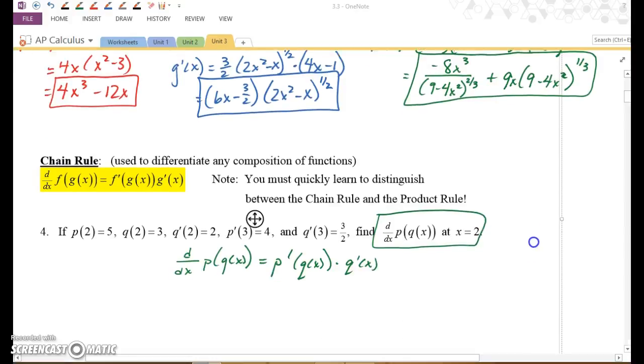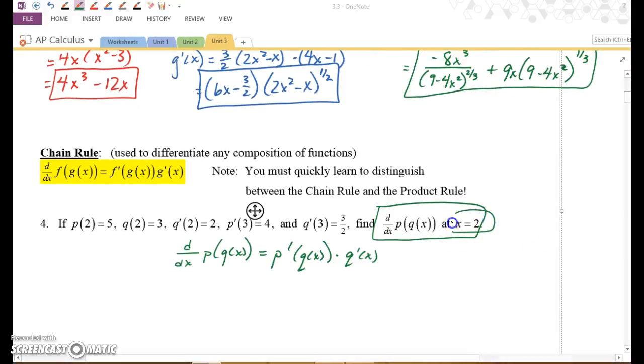Then if you add in that we are doing this in terms of 2 rather than x, it's going to look like the p derivative of q of 2 times the q derivative of 2.